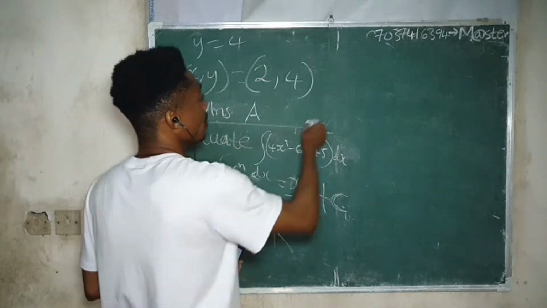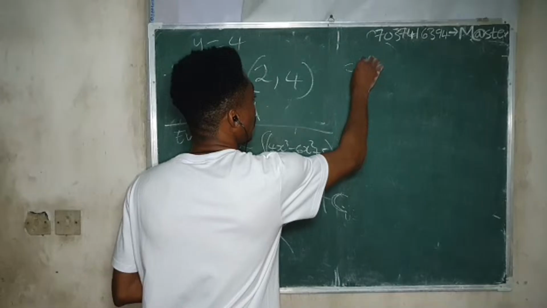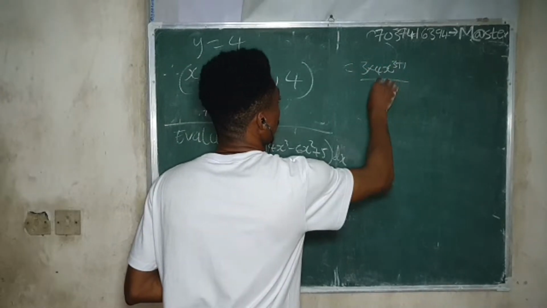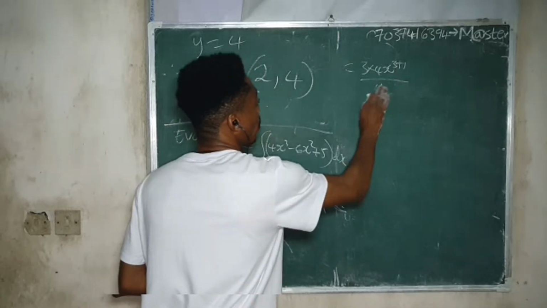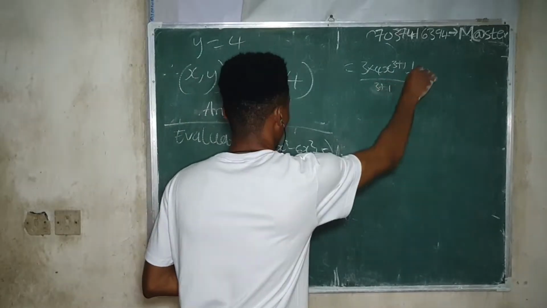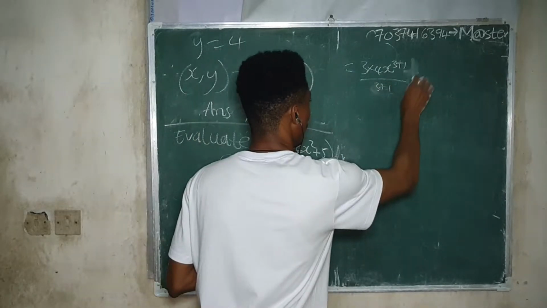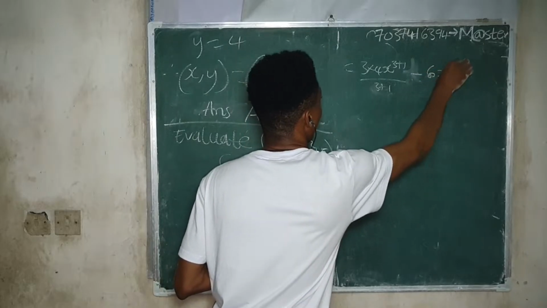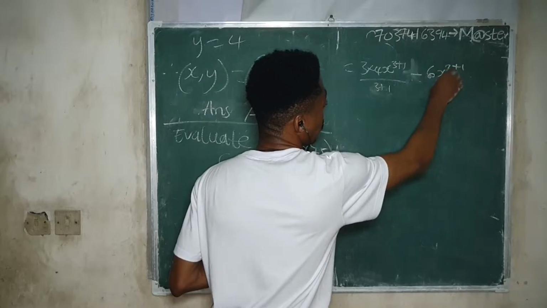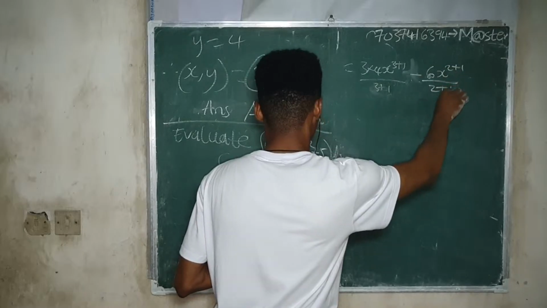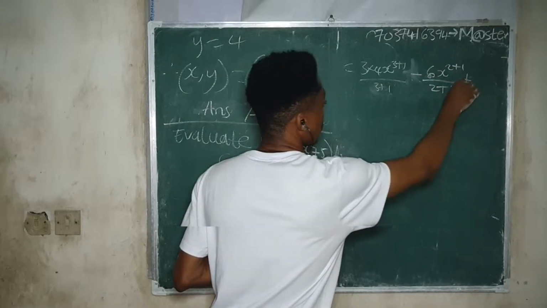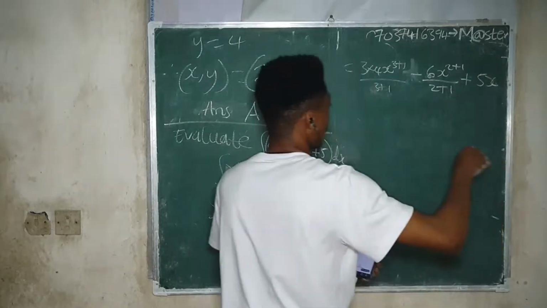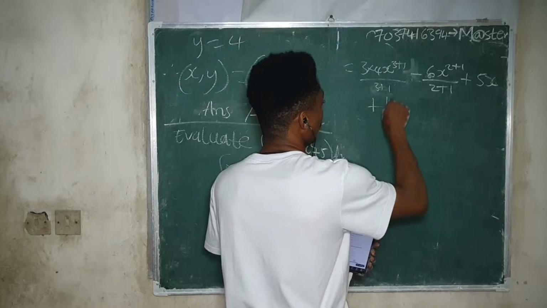So integrating this will become 4 times x raised to power 3 plus 1 all over 3 plus 1, minus 6x raised to power 2 plus 1 all over 2 plus 1, plus, if I integrate 5, what I'm going to have will be 5x. And then I'll add my constant plus k.